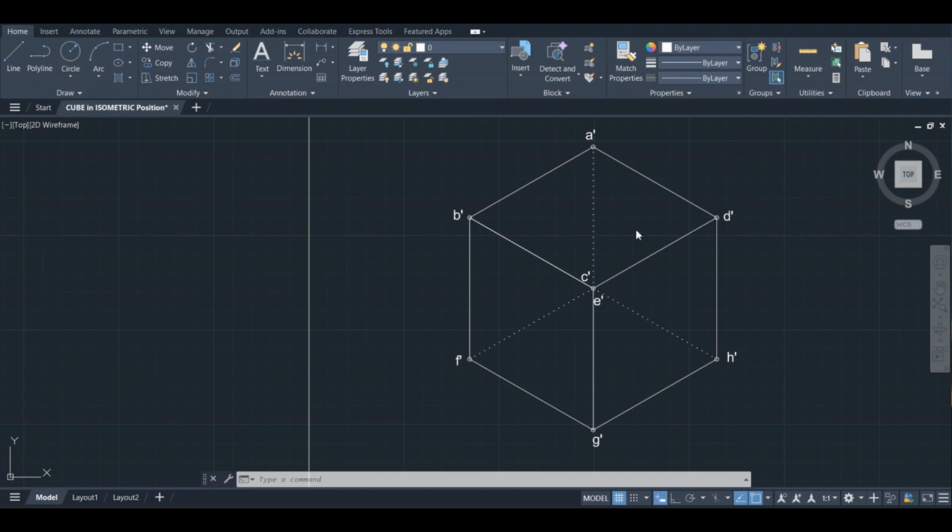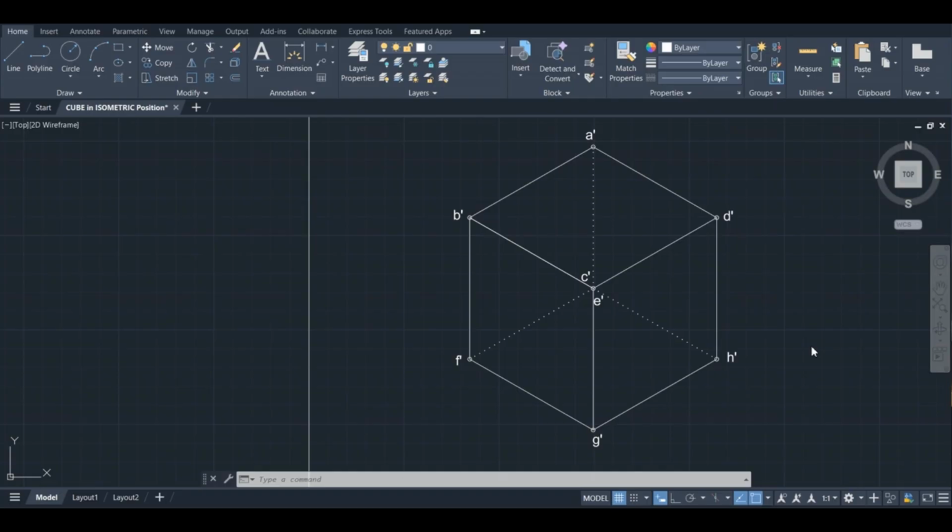If you observe this picture carefully, the planes ABCD, CGHD and BCGF are mutually perpendicular to each other, and in this picture all these are looking like similar rhombuses. The edges of the cube CB, CD and CG are called the isometric axes, and the other edges parallel to these are called the isometric lines or isometric edges.